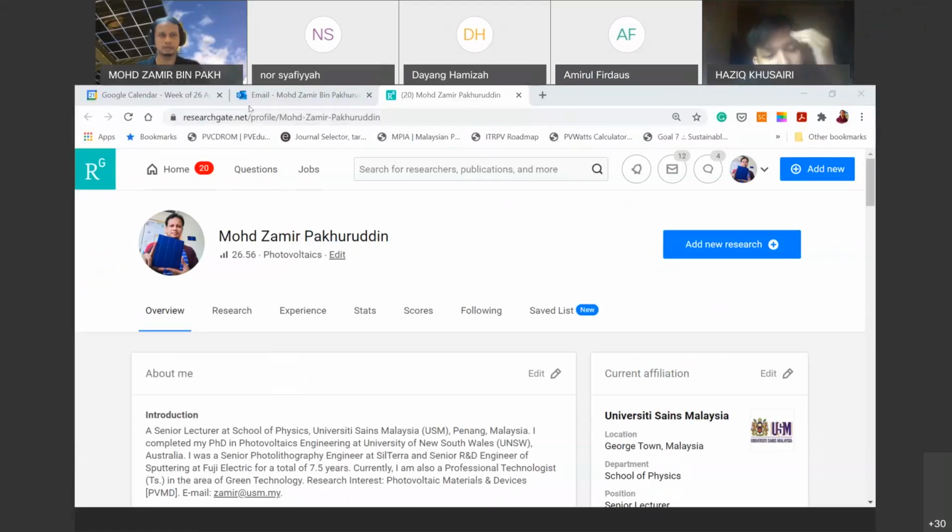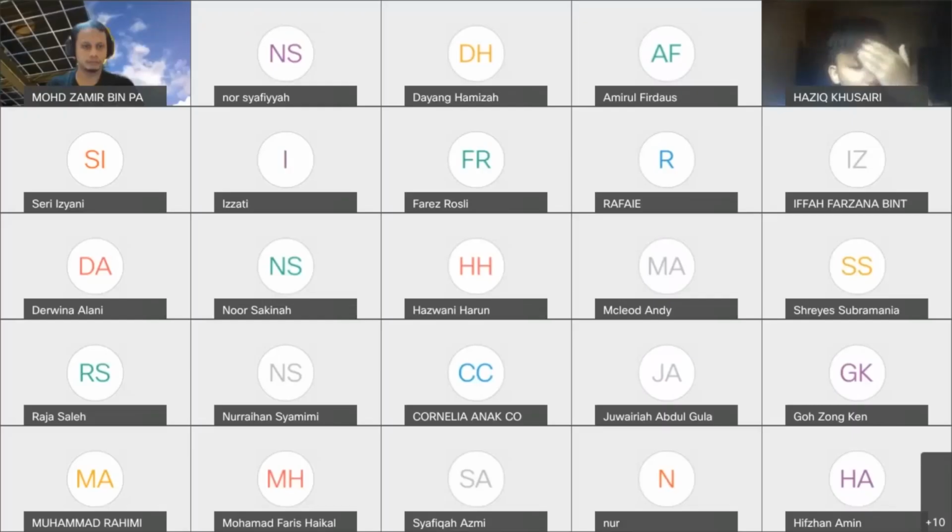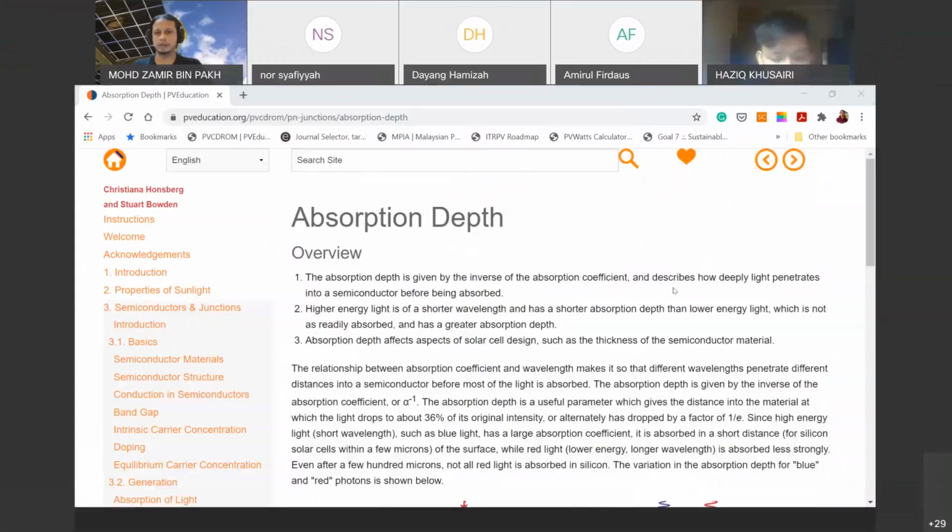Oh no, on this one. Okay, hold on. Yeah, okay, this one. Okay, can you see the website on absorption depth now?